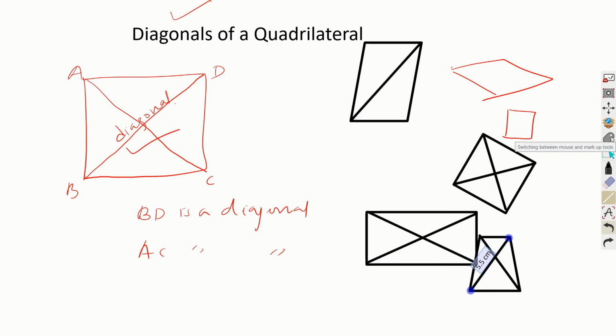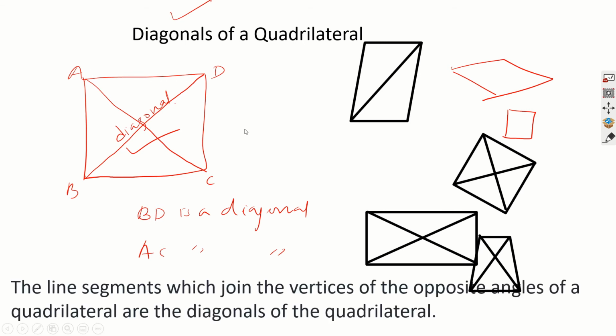So, we studied a lot. A line segment which joins opposite vertices of a quadrilateral is called a diagonal. Understood?